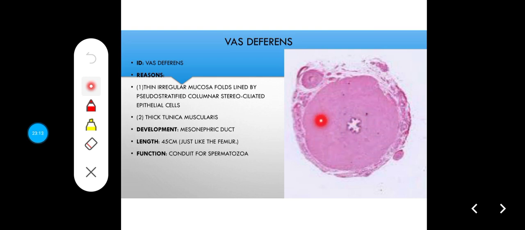And then you find the thick layer of muscles. See this thick, uniformly staining area. It contains three muscle layers: an inner longitudinal, a middle circular, and an outer longitudinal muscle layer. So the muscle layer is really thick. And then connective tissue, in which you can find a few blood vessels.